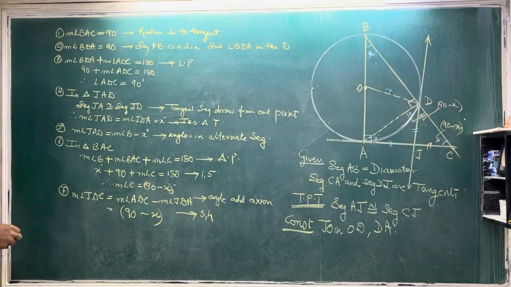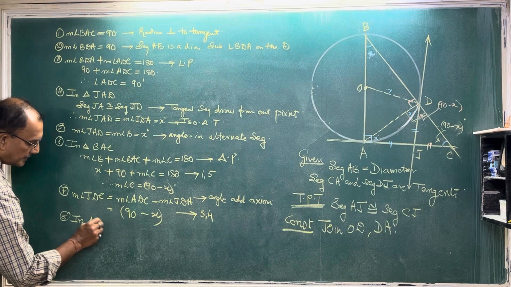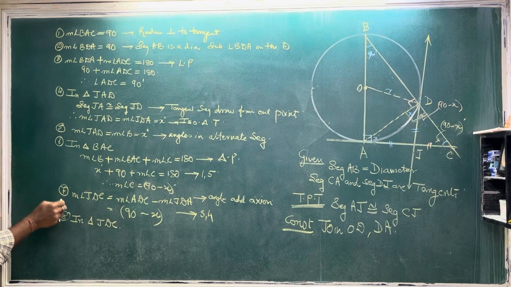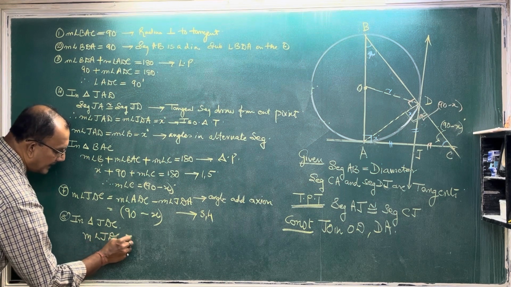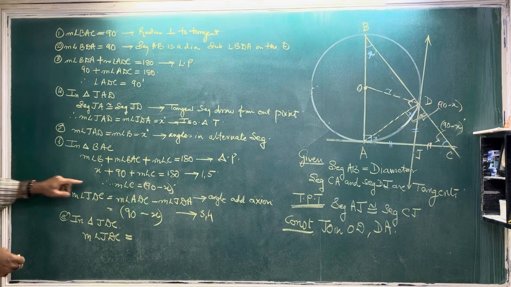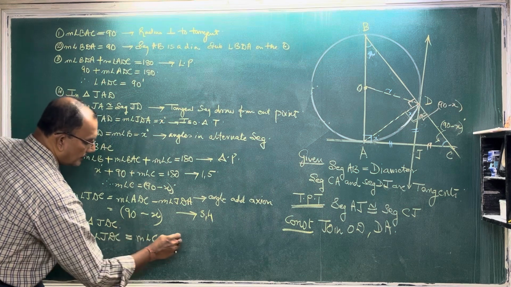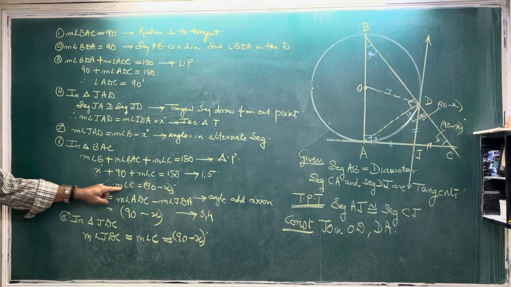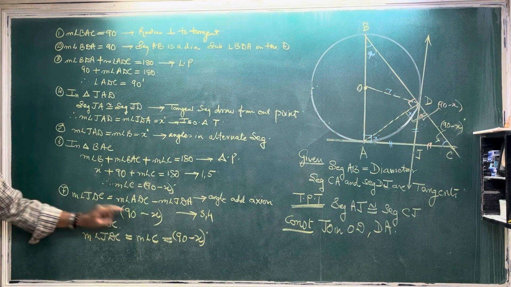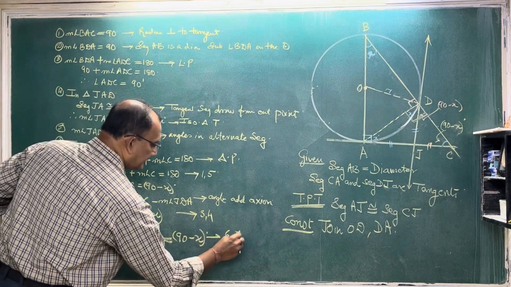Okay. Now let's enter the triangle JDC. Point number 8. In triangle JDC, measure of angle JDC is equal to measure of angle C, and that too is equal to 90 minus X. So C is 90 minus X and JDC is 90 minus X. This I got from point number 6 and 7.